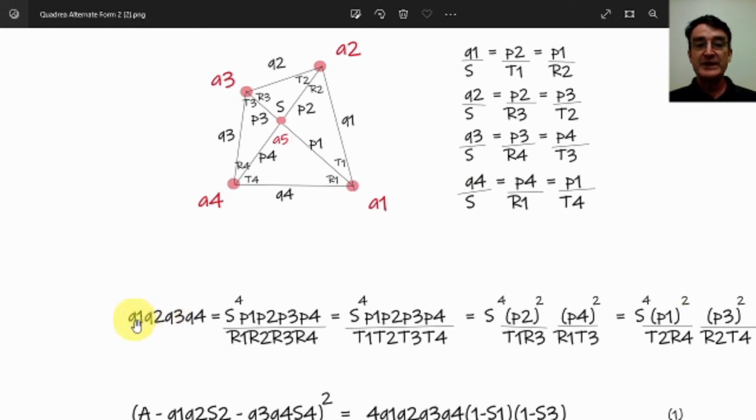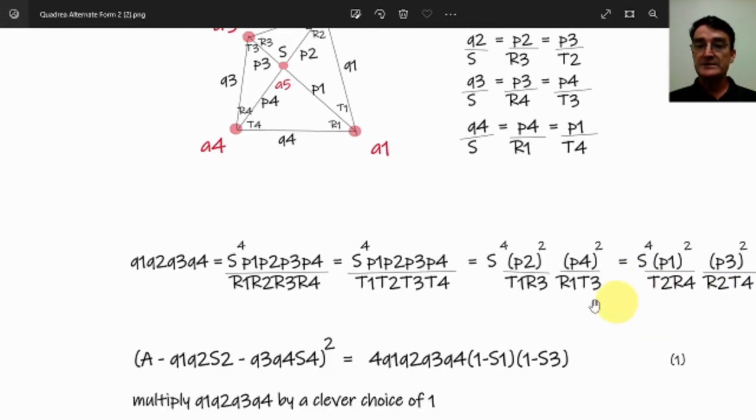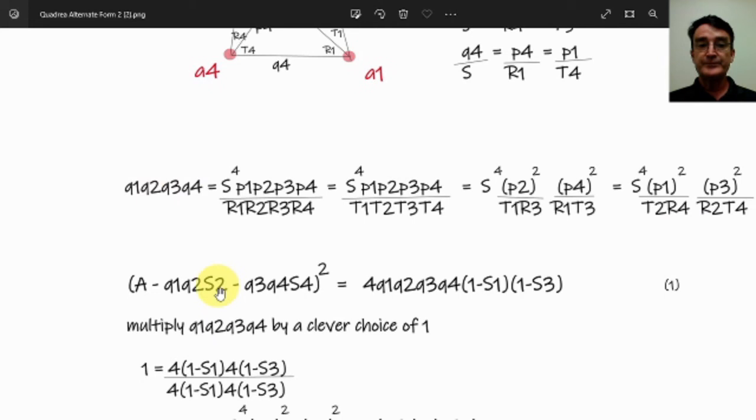And lastly, when we multiply all these together and choose the terms with P1s in them, we get S to the power 4 times P1 squared times P3 squared divided by T2 times R4 times R2 times T4. So these are alternate versions of Q1, Q2, Q3, Q4.